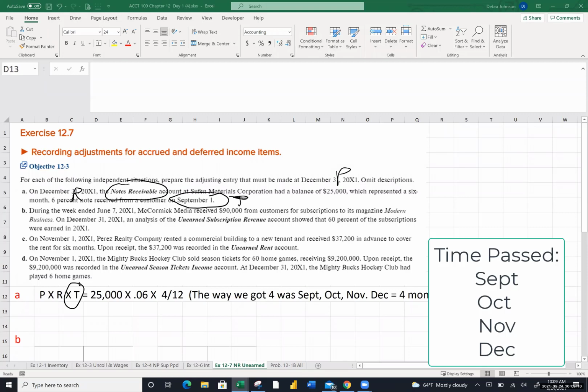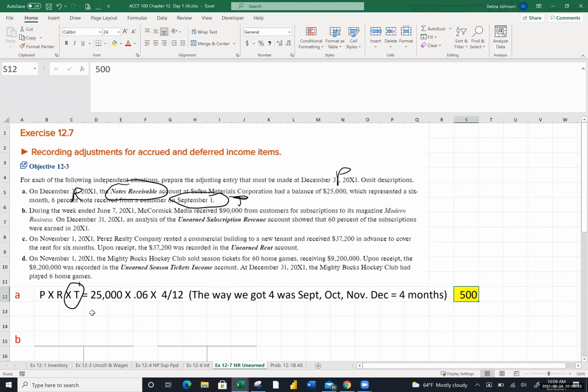Let's see if you guys get that. I got 500. So I'm going to write that down. I'll put it in color so you can see it. Give yourself a second to make sure you can compute that. This time, though, it's money owed to us. Notice the word receivable. So we're going to use interest receivable and interest revenue or interest income.